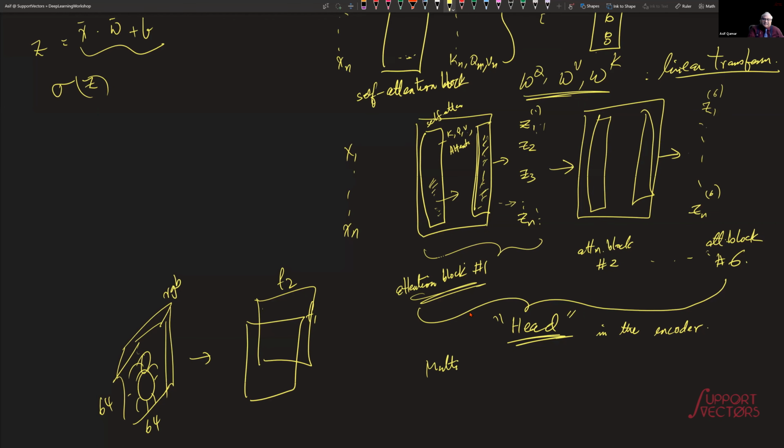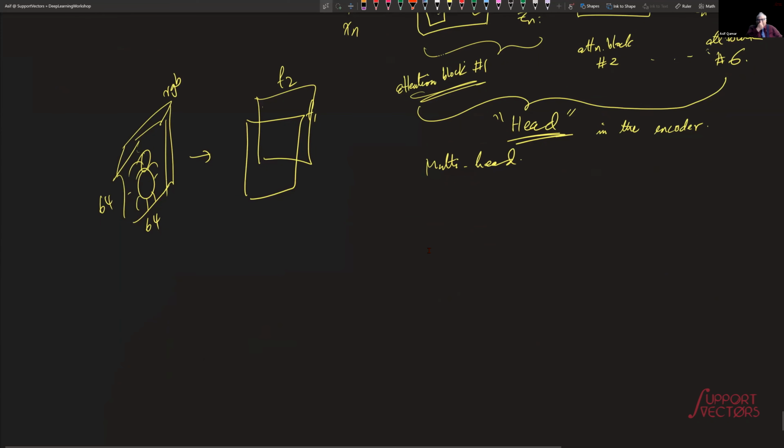You take many heads. A typical transformer architecture has 8 heads. Head 1, all the way to head 8. And by now you're seeing, guys, how complicated it is getting.